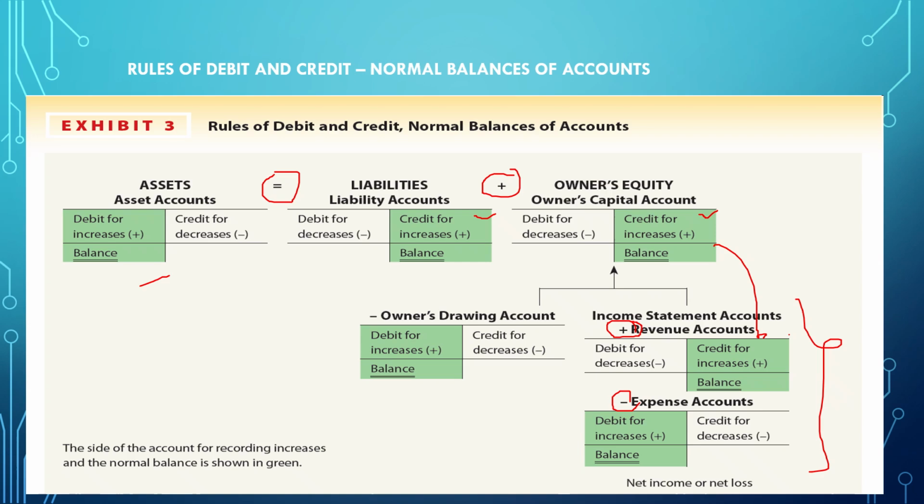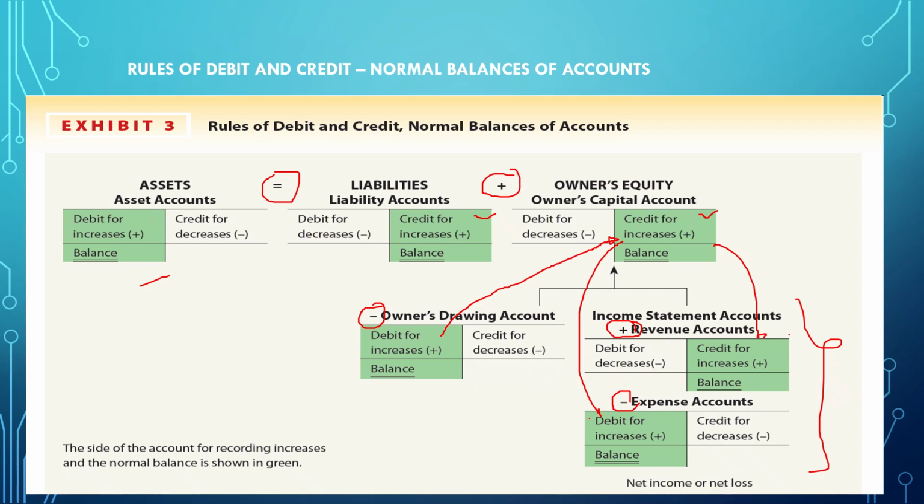So they have the opposite side. Okay. So if this is increase in the credit, then this one is increase on the opposite side, the debit. For the drawing account, we know that it is a decrease of the owner's equity. Therefore, just like expense, it falls on the opposite side. So if it's debit, the capital falls on the credit.